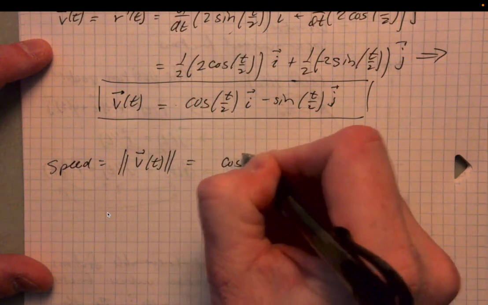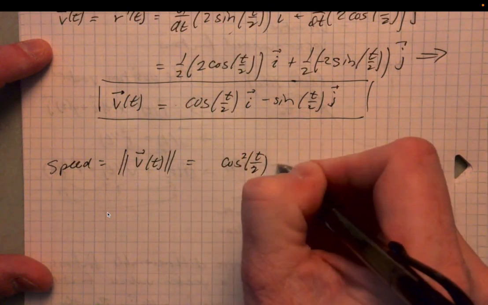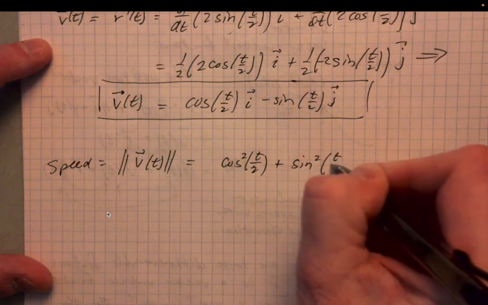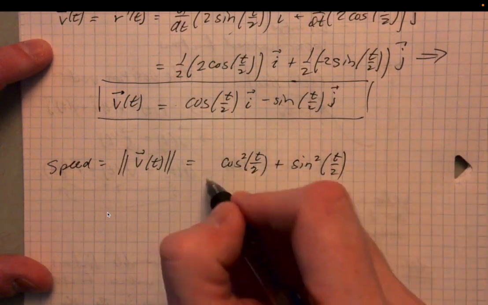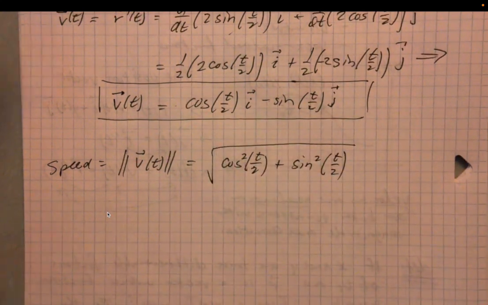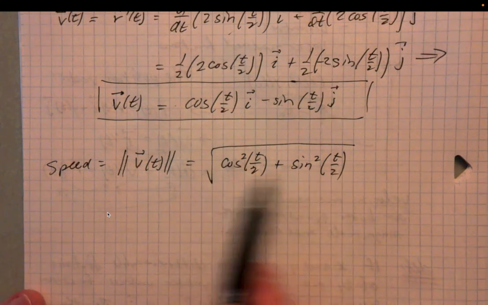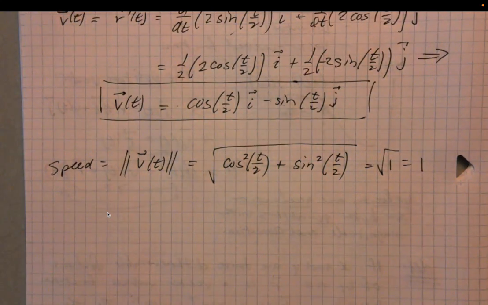So it'll be cos squared of t over 2 plus sine squared of t over 2. Technically that's negative sine squared, but when you square it, of course, it becomes positive. And then the square root of that. And so we know that this would be just 1, isn't it? So the speed is 1.